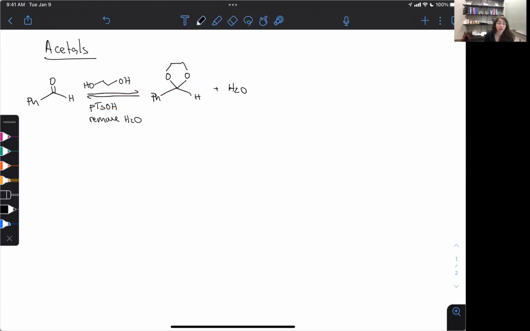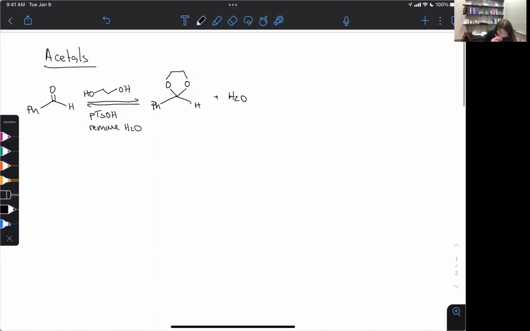Okay, so the first step of the mechanism here is, because we are in acid, and keep in mind, I'm switching up the acid here. I've got para-toluenesulfonic acid. We saw this last semester. So para-toluenesulfonic acid, the structure of it is this.